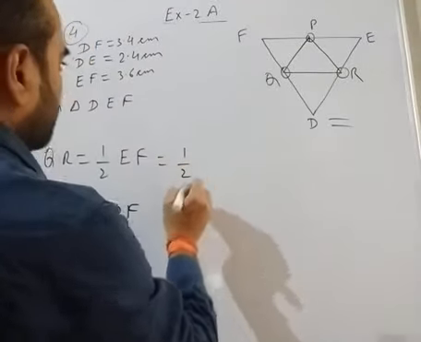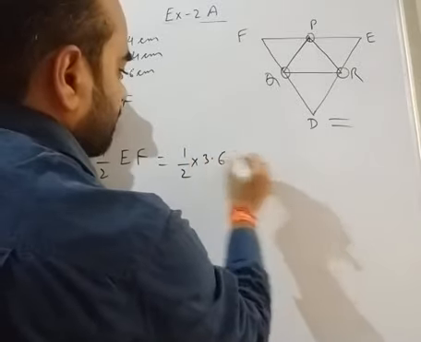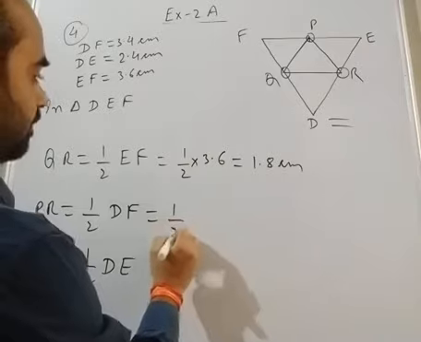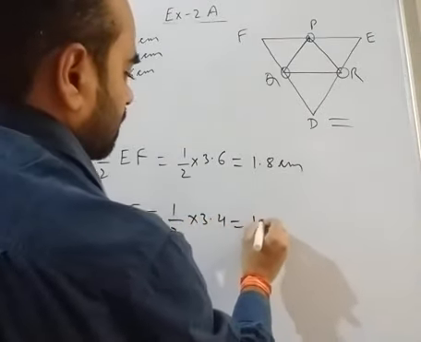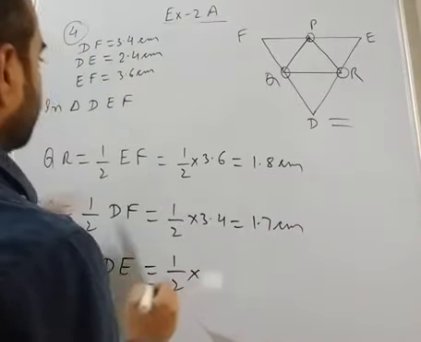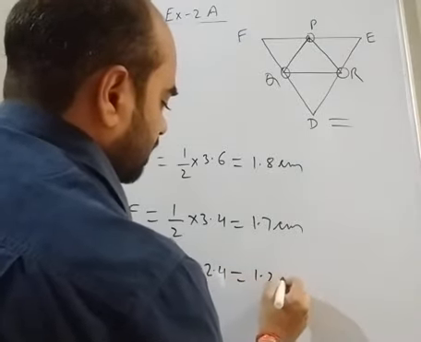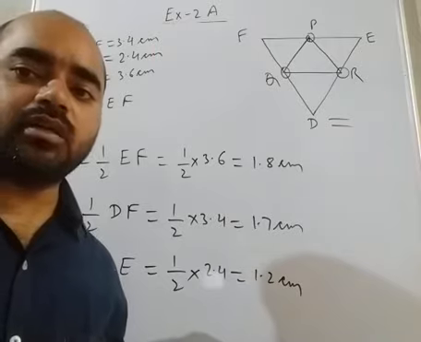Half EF, EF is given 3.6, this will become 1.8. Similarly, half DF, DF we have calculated 1.7. Similarly, half ED, ED we have calculated 2.4, that is 1.2.